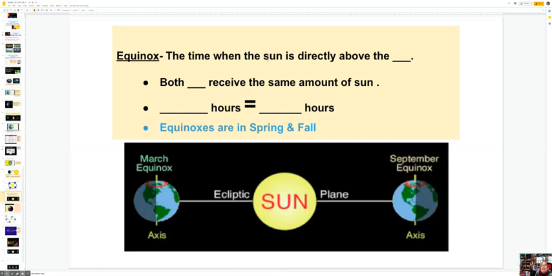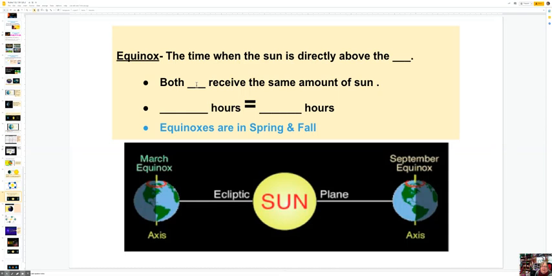The equinox kind of sounds like equal. Kids, it's the time when the sun is directly above the equator. The equator, kids, kind of sounds like equal. Well, kids, it divides the planet in half. We've got half of the planet to the north and half of the planet to the south. And kids, that's just an easy way of saying hemisphere.